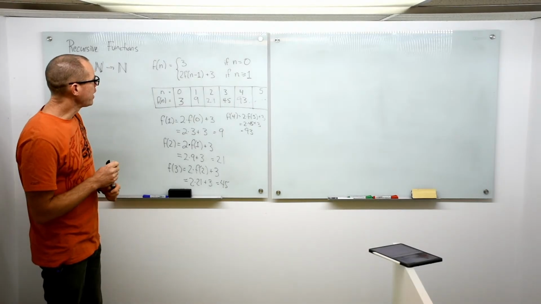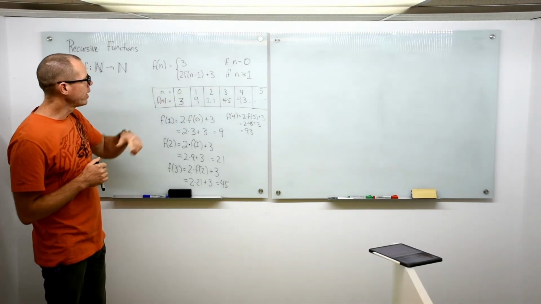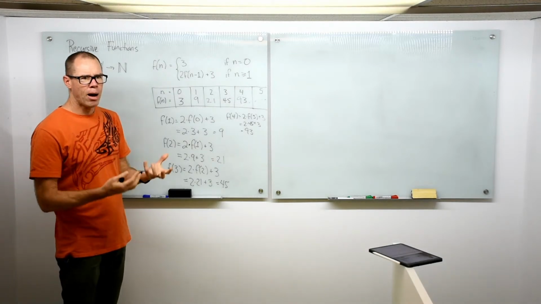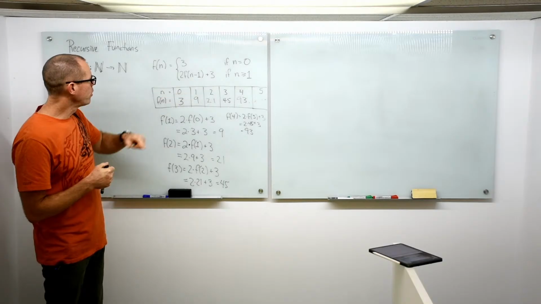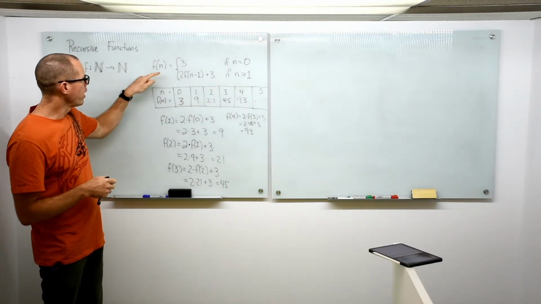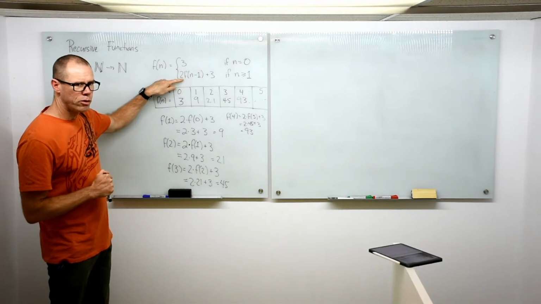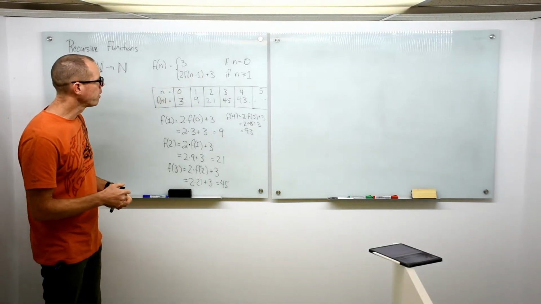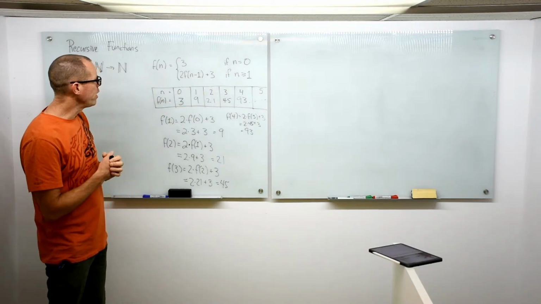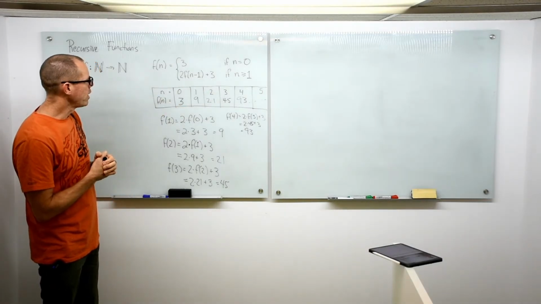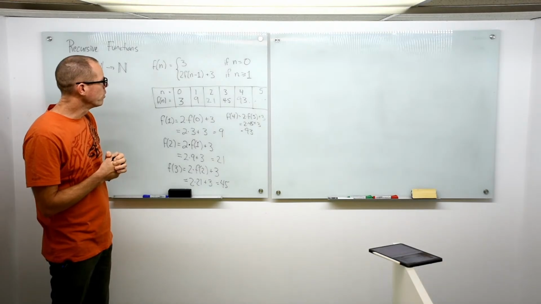We might guess that it's kind of growing like powers of 2, because when I want f of n, I start with f of n minus 1, and I multiply by 2, so that makes it twice as big. And then I add 3, so that has some other effect, so it's not just powers of 2.